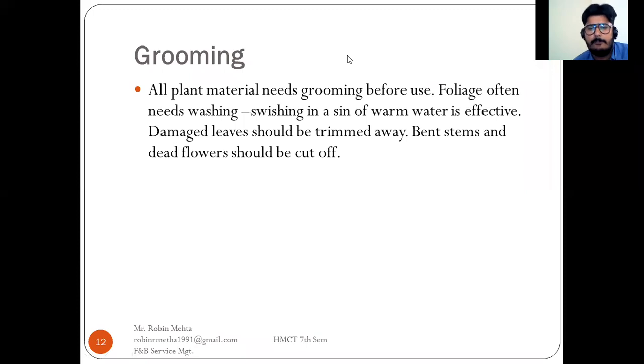You just wash them with lukewarm water, which is very effective, as I already told you. Damaged leaves we have to trim off, bent stems and snapped flowers we have to remove, and then we start doing the flower arrangement.